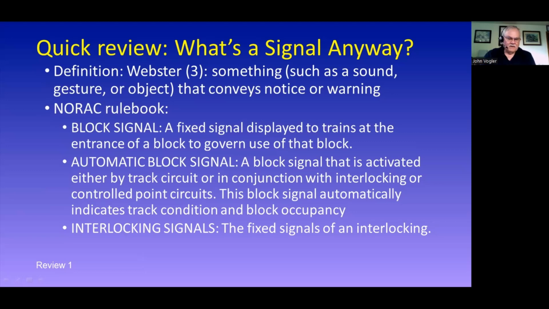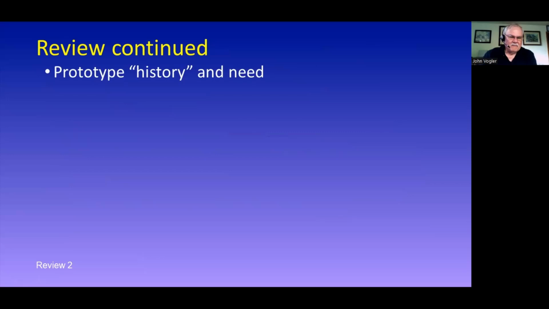And here's the classic failure of the definition, because it tells you that a block signal is a signal. An automatic block signal is a signal. Interlocking signals are signals. And nowhere do they tell you what a signal is. In 38 years, I never realized that it wasn't in the rule book. But we don't need to worry about that.